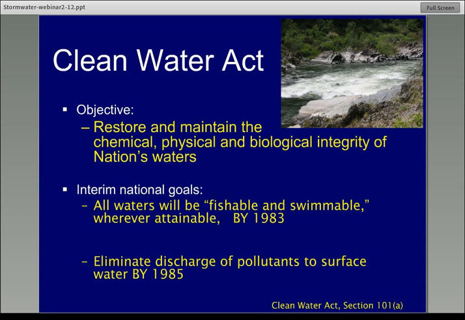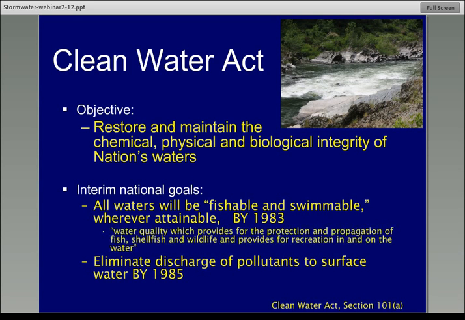The interim goals of the Clean Water Act also need to be part of the stormwater program, and I think for the most part are not always explicitly so. Waters must be fishable and swimmable wherever attainable, with a goal of 1983, an interim national goal.